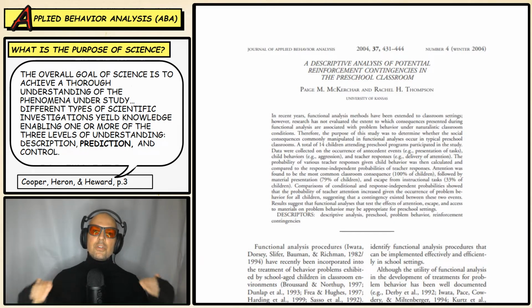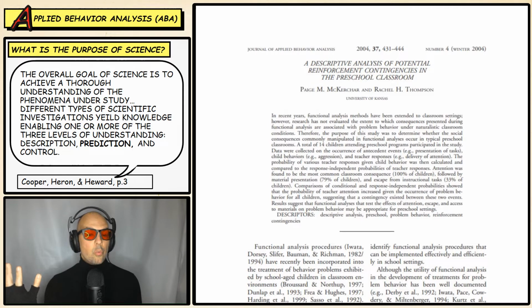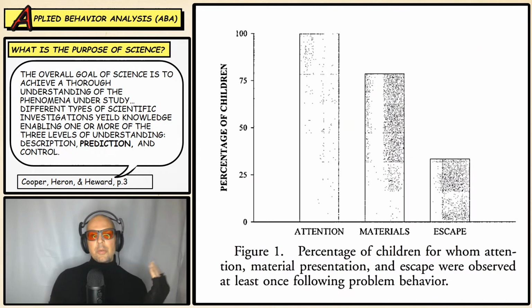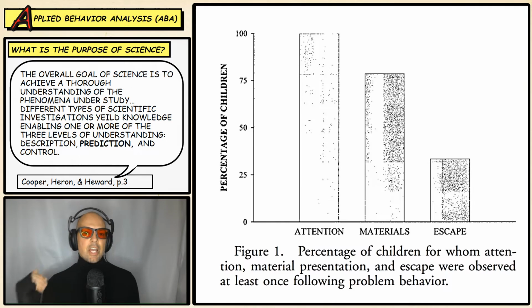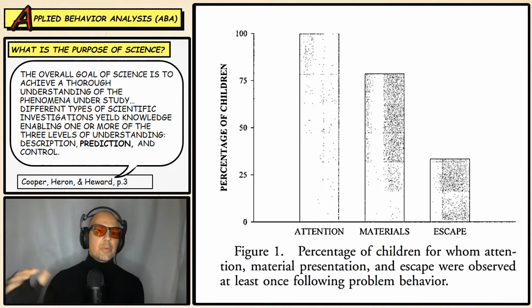So in a number of trials, they observed problematic behavior, and then they observed what follows problematic behavior, what is associated with problematic behavior, what co-varies with problematic behavior. And what they found was that in the presence of problematic behavior, attention occurred 100% of the time. So attention occurred in 100% of those collection of trials.